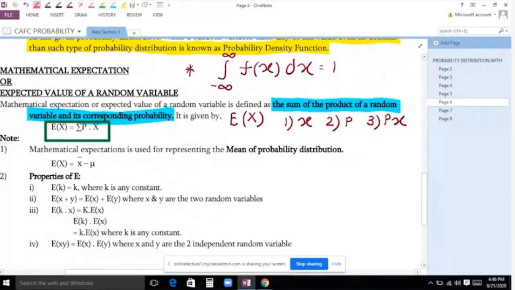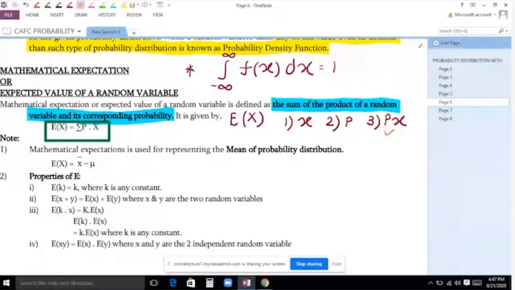First column is X, second column is P, and the third column is PX. Once the table is done, you have to find the total of P into X. The total of PX will give the final answer.